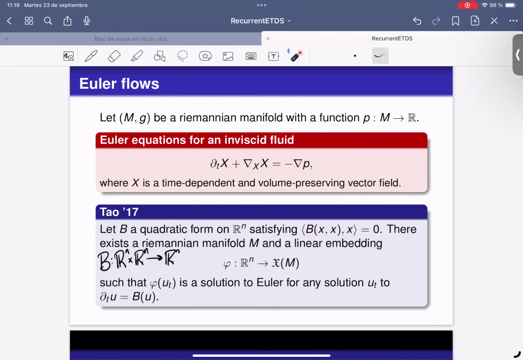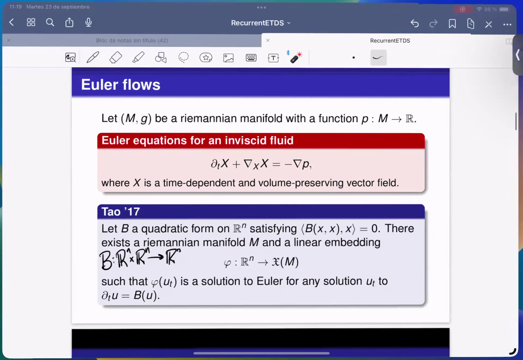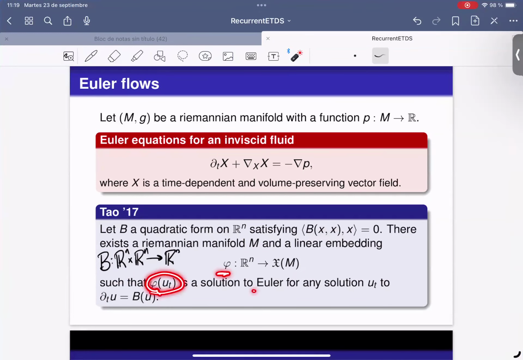Let's say it's a quadratic form. Then there exists a Riemannian manifold N and an embedding of R^n into the space of vector fields on N, such that if you give me a solution of this quadratic ODE, then the image of this map is a solution to the Euler equations.